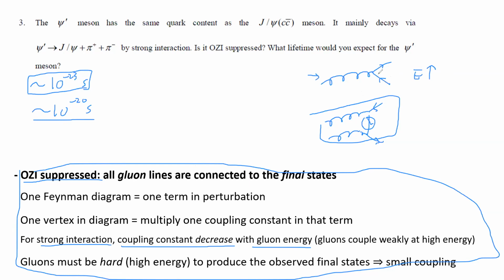That means this Feynman diagram will contribute a smaller term, and so the decay rate will be lower, and that means the lifetime increases, and we call this argument the OZI suppression, the OZI mechanism. Okay, is it clear? Okay.